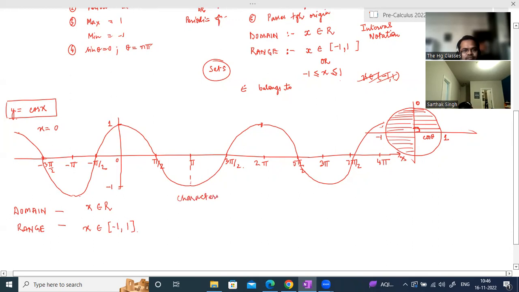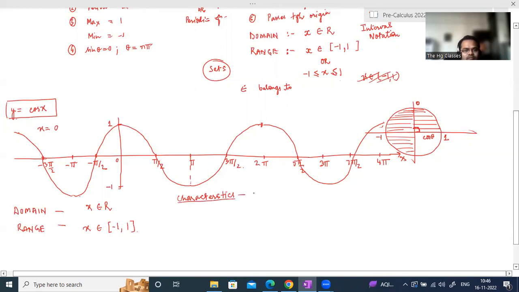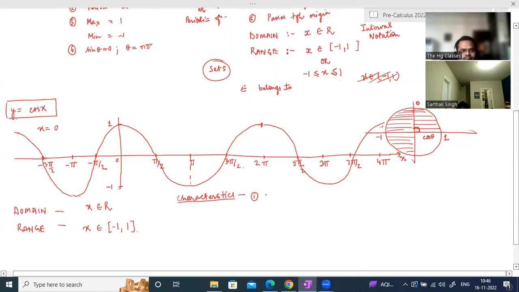And how does it differ from sine in terms of its characteristics? It starts at its maximum value, and then every 180 degrees it hits its minimum or maximum. So it is also periodic, and its period is again 2 pi.